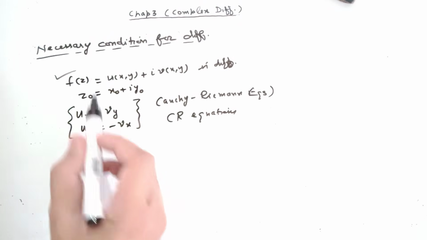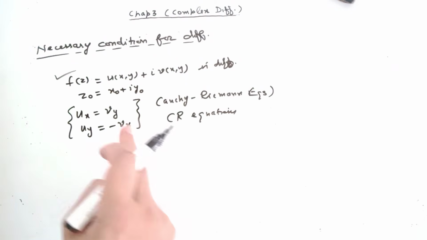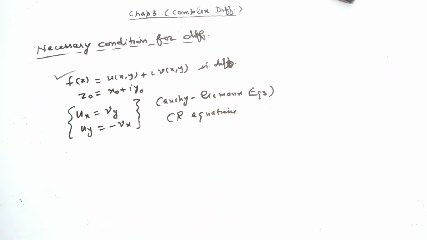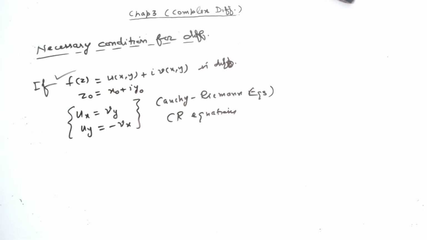So these constitute necessary condition. If for a function CR equations are not satisfied, you can directly say that the function is not differentiable. It's a very useful test for differentiability of a function.